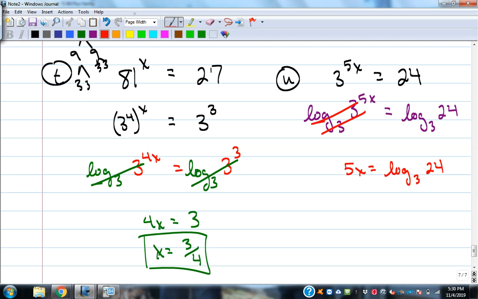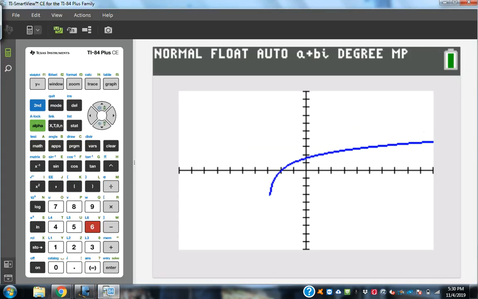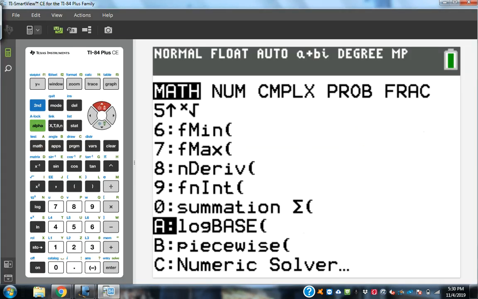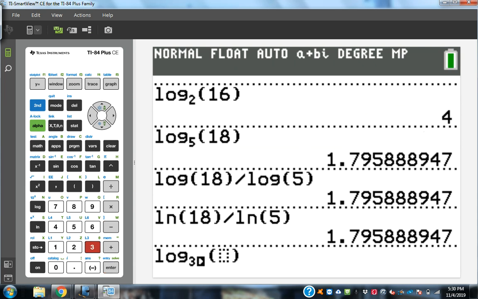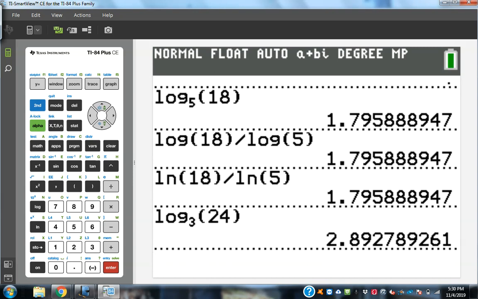Log base 3 of 24, this is just a number. It's a decimal number, and we can evaluate that with our calculator. We could go to our calculator, hit math, go to log base 3 of 24, and we get 2.89 and some change. So it's just a number.